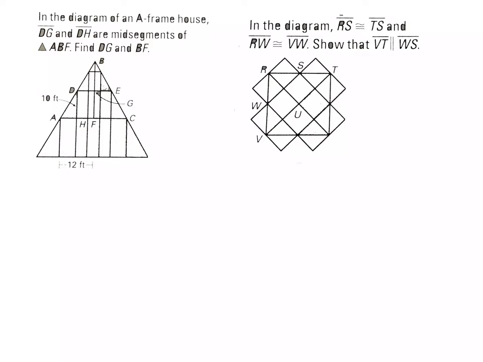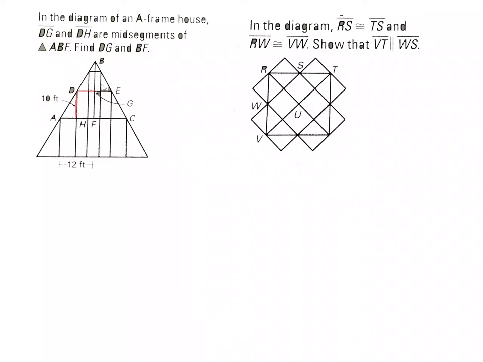Alright, the diagram of an A-frame house, DG and DH are mid-segments. Let's go ahead and just highlight those. DG is this line right here. And DH, that's this line right here, are mid-segments of triangle ABF.